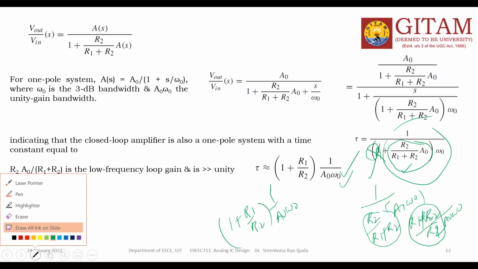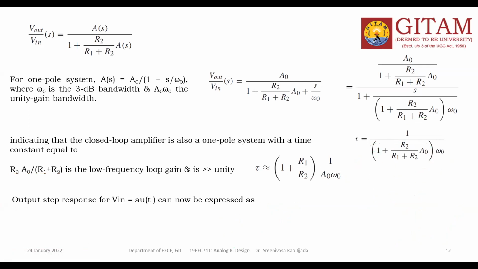So next, what input did you apply? Step input. Step input means you can write Vin is equal to A into U of T. A is the constant. That is a step input. Now V of T is the response at the output.